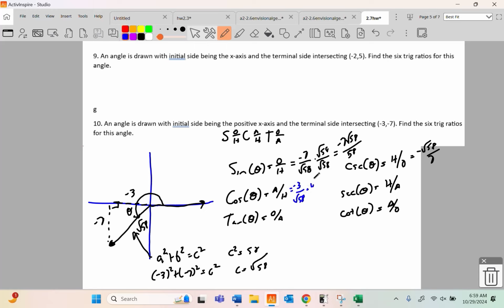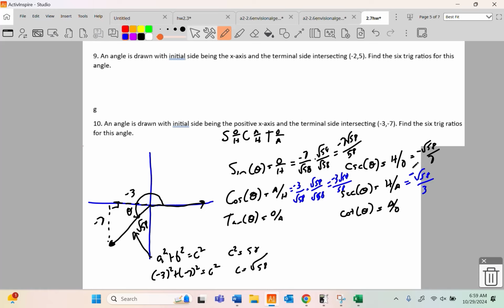Same cleanup process. Root 58 both pieces. So we get -3 roots of 58 over 58. Flip cosine to get secant, and you get root 58 over 3. The negative symbol belongs in front or in the numerator.